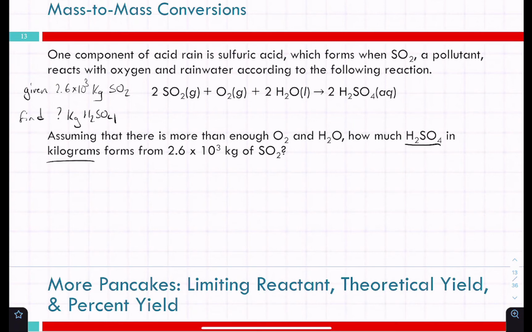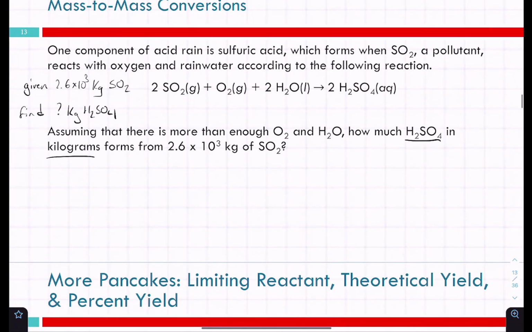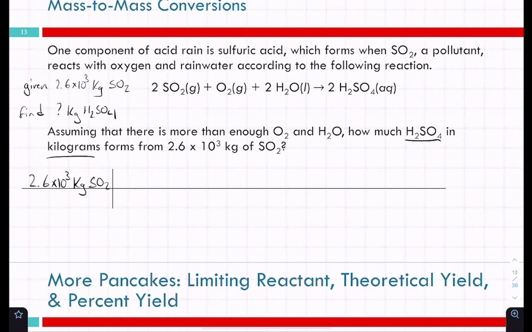So if we take our given 2.6 times 10 to the 3 kilograms sulfur dioxide, how do we convert that from kilograms to grams?